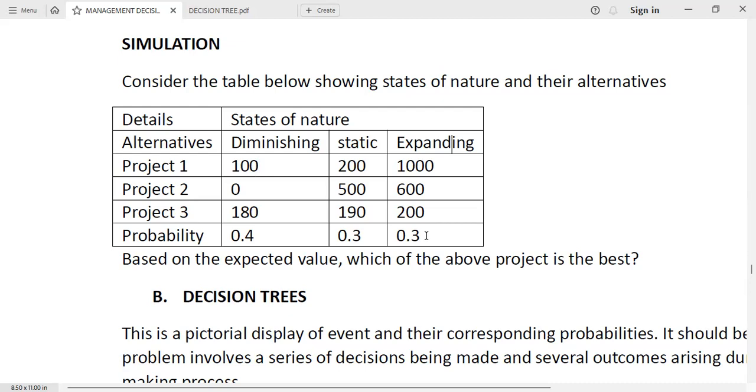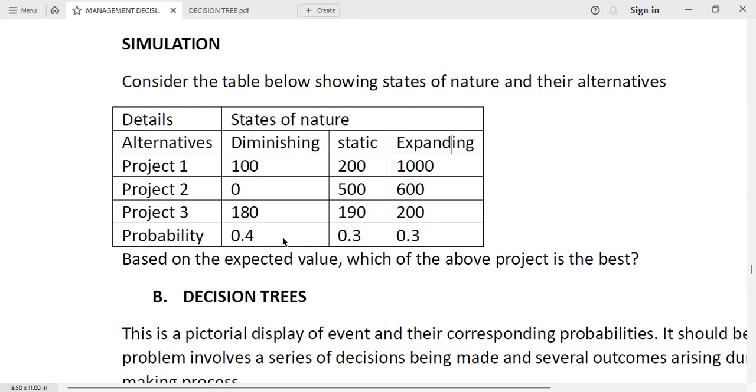If they are in percentages, then they should give you 100%. So if one of these was not given, you add the others, subtract that result from 1, and you will be able to get the remaining probability for a given state of nature.